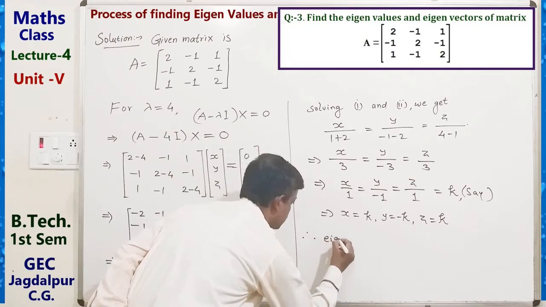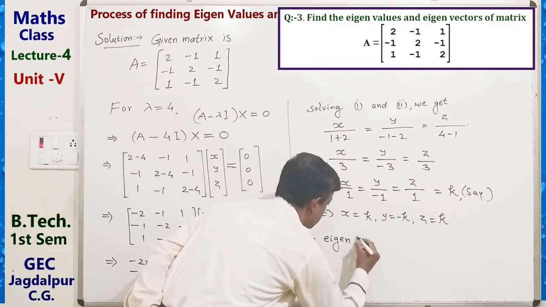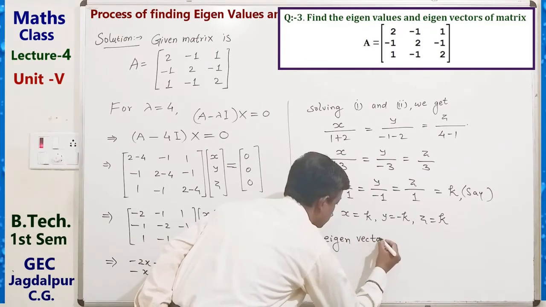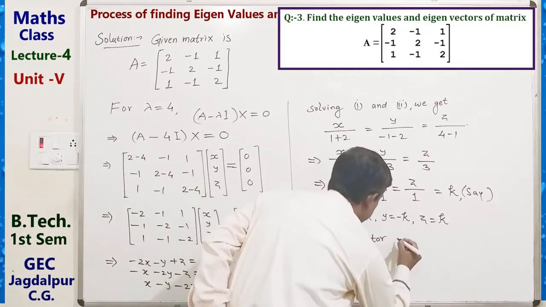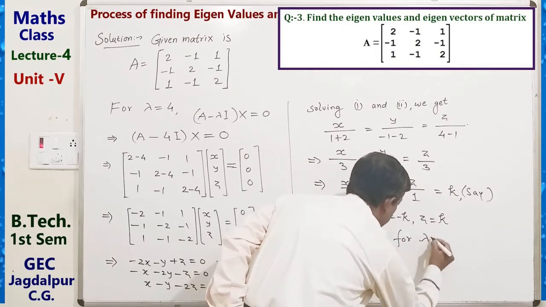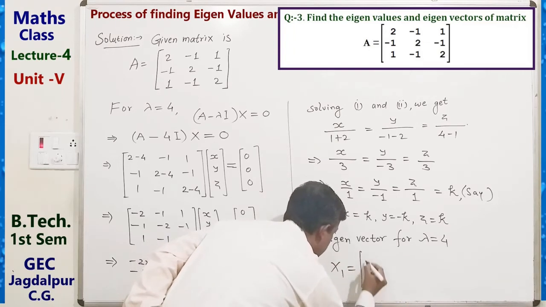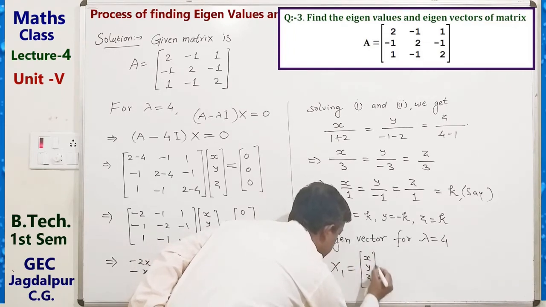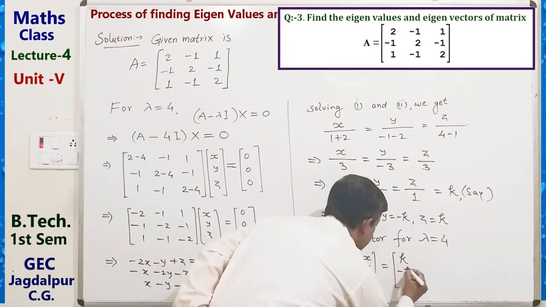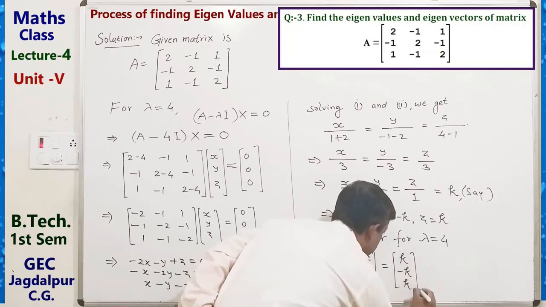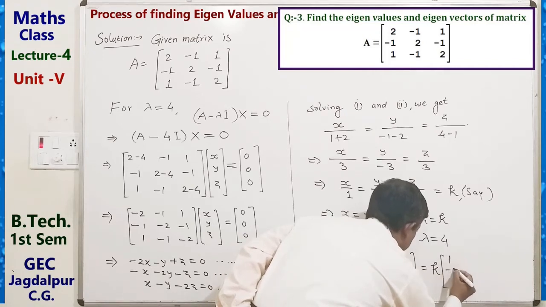Therefore, the eigenvector for lambda equals to 4, x1, equals to x, y, z, which is k, minus k, k, equals to k times 1, minus 1, 1.